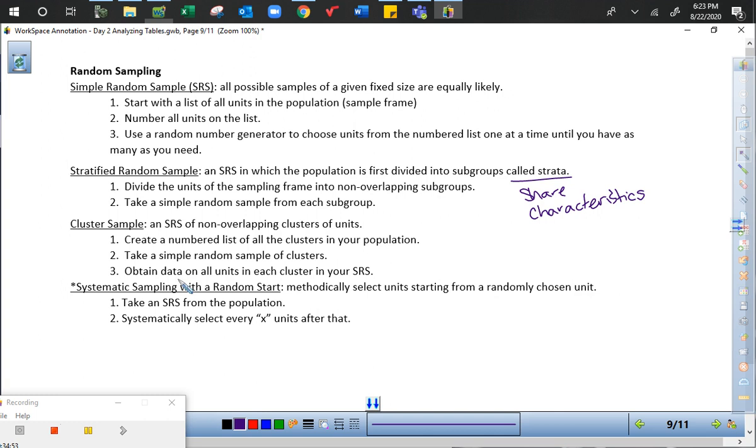So let me kind of overview this again. We're still grouping things, but not necessarily those who share characteristics. Sometimes this is done conveniently by like location. And then instead of grabbing a few from each group, you're going to pick a few random groups, but then choose them all. Okay, this is more convenient.